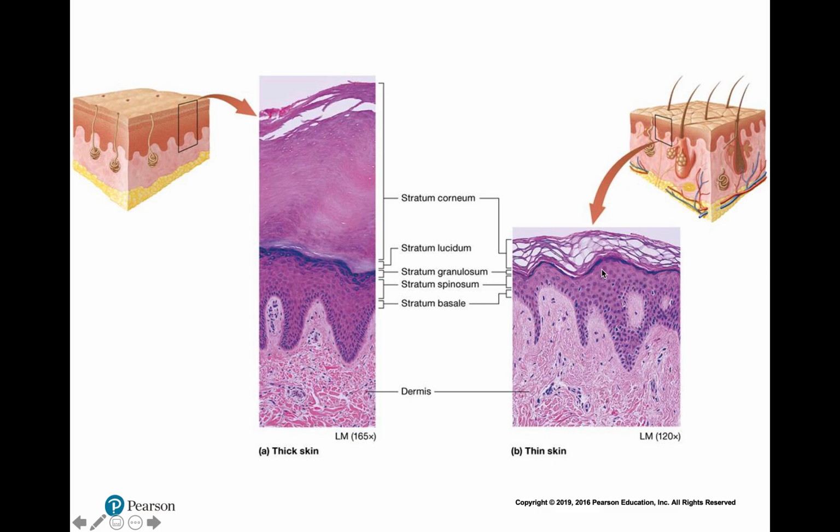Thin skin is going to be pretty much everywhere else. That's not the palms of your hands or the soles of your feet. The soles of your feet, you'll hear that referred to as the plantar surface. All right, plantar, that's the soles of your feet. So in thin skin, we still see stratum basale, we see a spinosum, we see a granulosum, and this has a little bit of a stratum corneum, but it's much, much thinner, and it's kind of broken apart here, but much thinner than the stratum corneum over here.